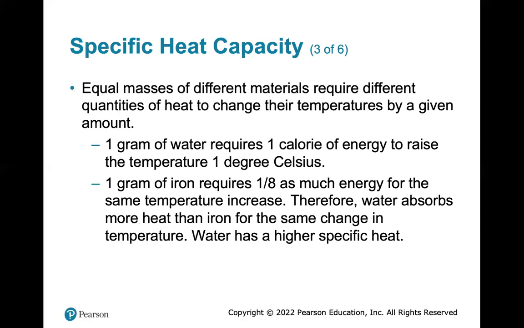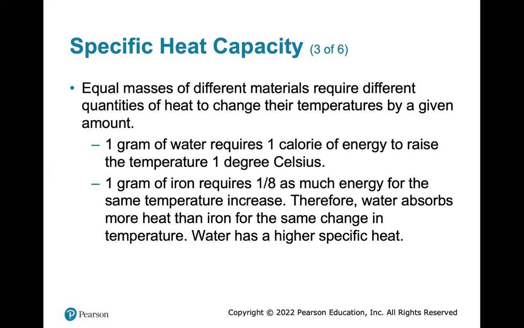Equal masses of different materials require different quantities of heat to change their temperatures by a given amount. 1 gram of water requires 1 calorie of energy to raise the temperature 1 degree Celsius. 1 gram of iron requires 1/8 as much energy for the same temperature increase. Therefore, water absorbs more heat than iron for the same change in temperature. Water has a higher specific heat.